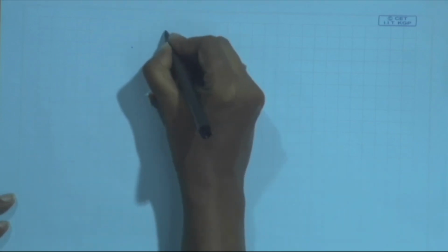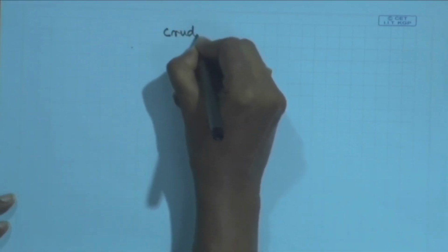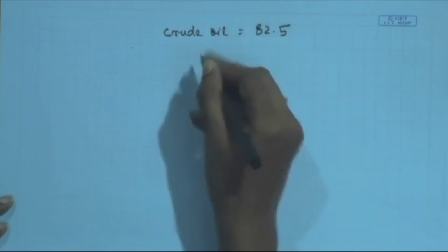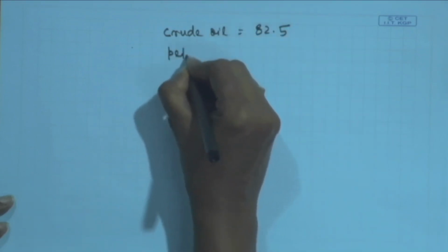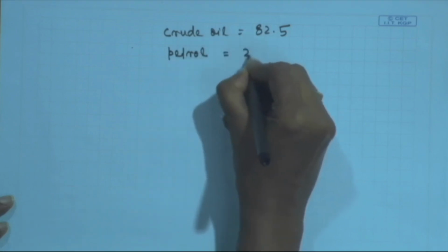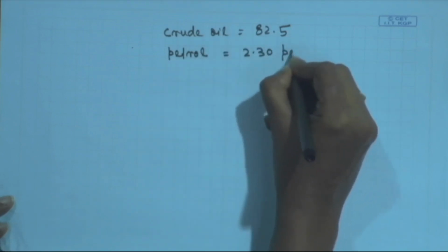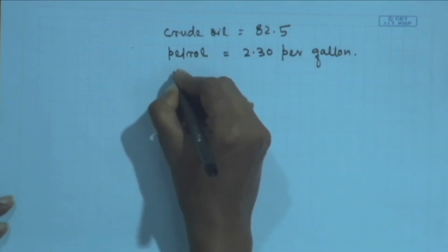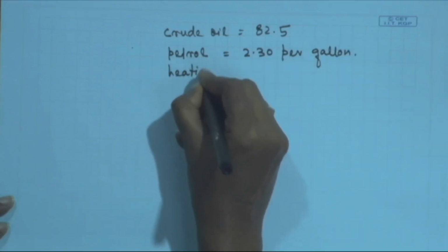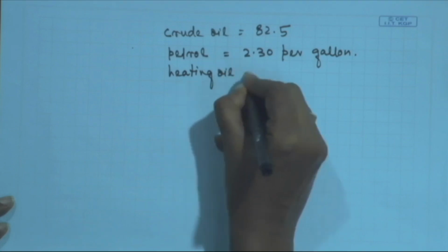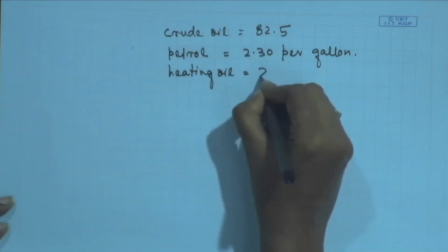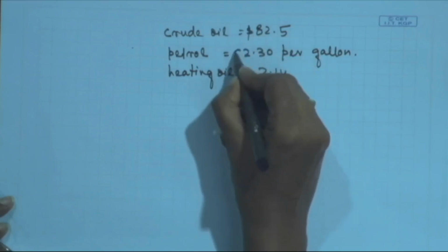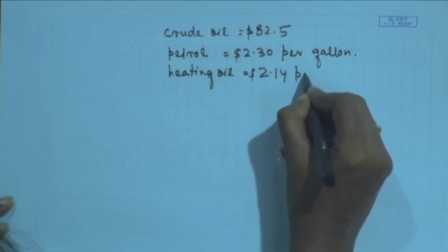You have crude oil price of 82.5, petrol at 2.30 per gallon, and heating oil at 2.14 dollars; all these are in dollar terms, per gallon.